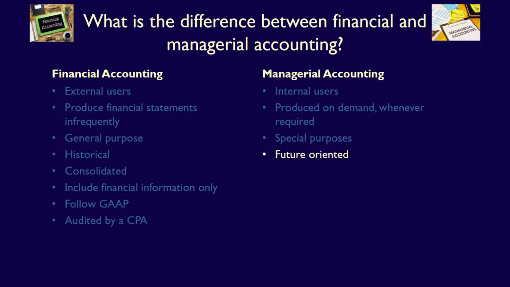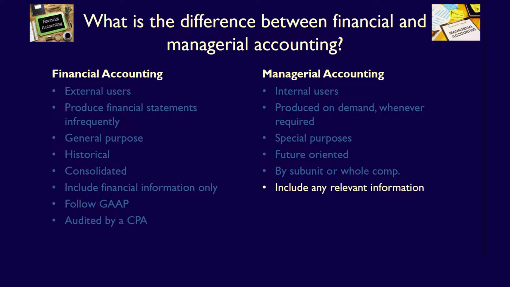And those special reports focus on what might happen in the future, trying to predict the future based on information from the past. Management accounting may focus on the whole company, but it's just as likely to focus on a subunit, such as a division, department, or geographical area. Because reports are special purpose reports, the coverage of the reports will depend on the internal user's needs.